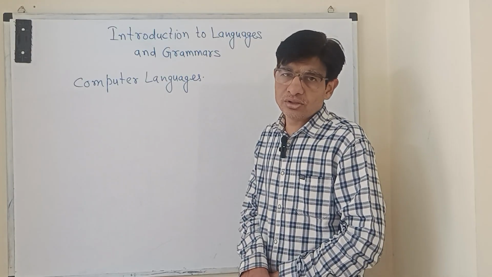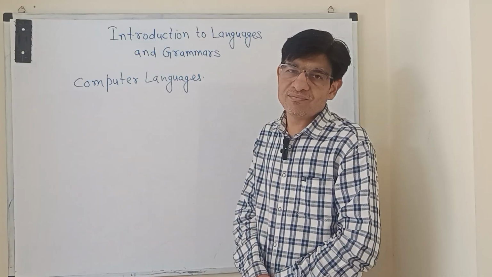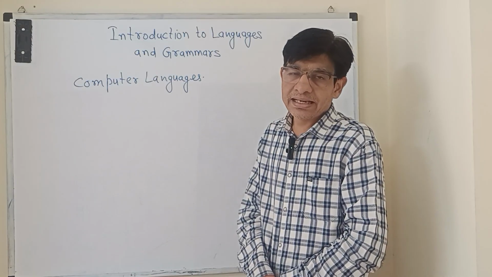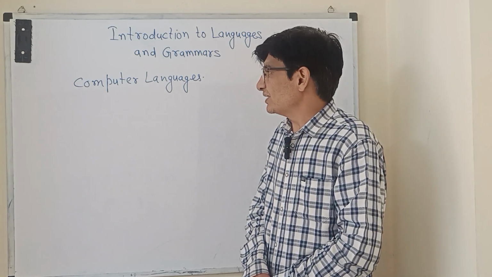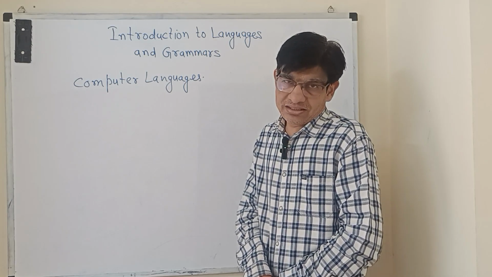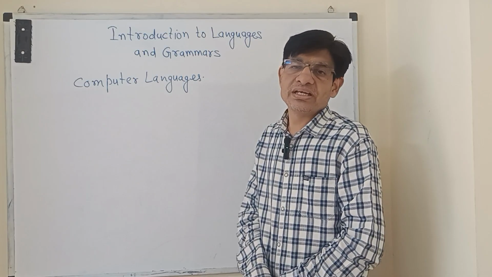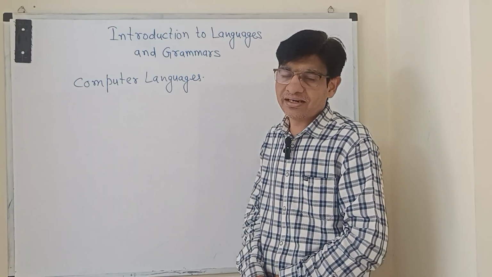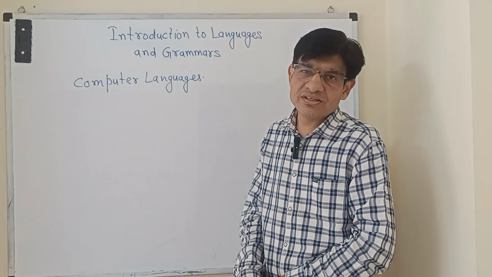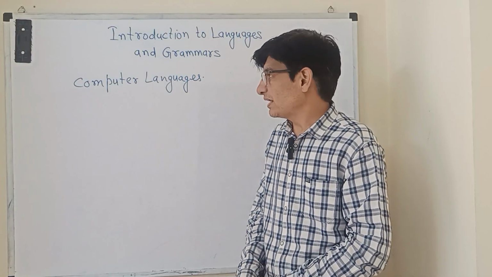Like in regional languages, one word may have different kinds of meanings, and it depends on how we are using them. But in computer languages, each word is independent. Each word has its independent meaning, and the meaning of any word is fixed for a language.